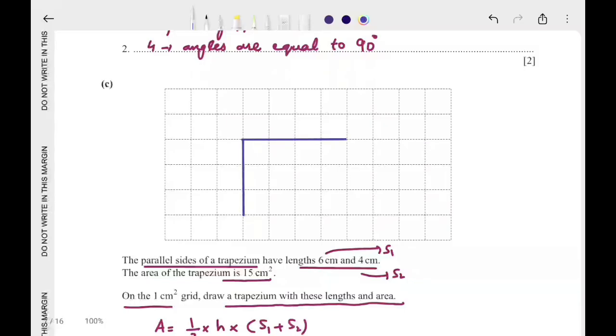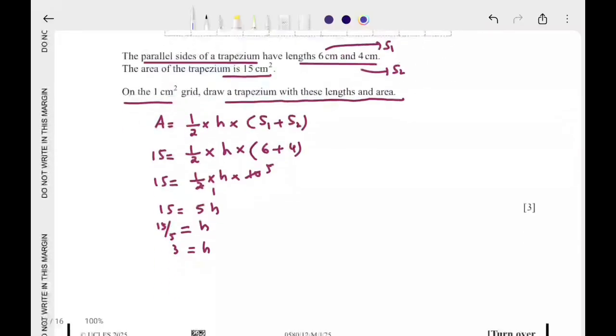And the other parallel side is 6: 1, 2, 3, 4, 5 and 6. Now join with this one. Now this is our trapezium. Next question.